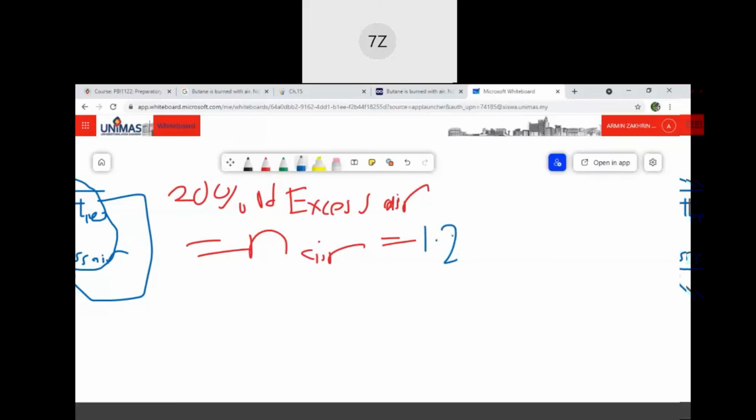Why is it 1.2? Because it's excess air, right? Excess means additional. So 1 plus 0.2 from this 20%, so you get 1.2.